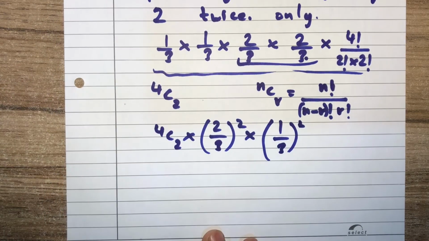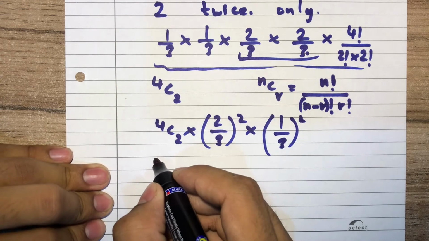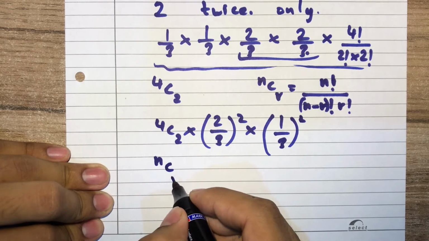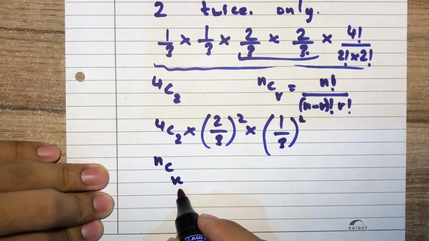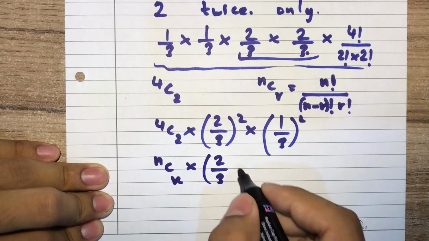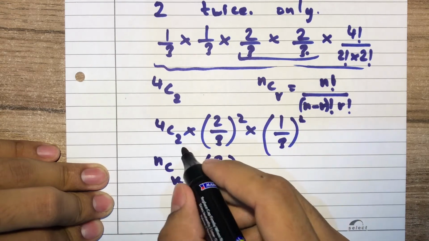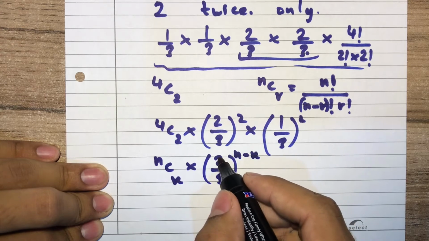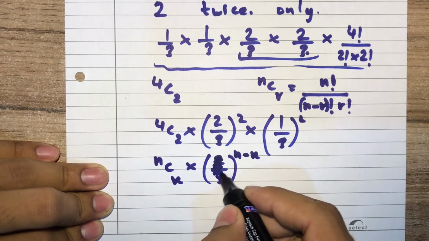So if I would want to form a general formula, that would be nCx, where n is the total number of trials, x, the number of successes we have to get. If you notice, this is 4 minus 2, so you can write this as n minus x. Sorry, we'll have q over here.